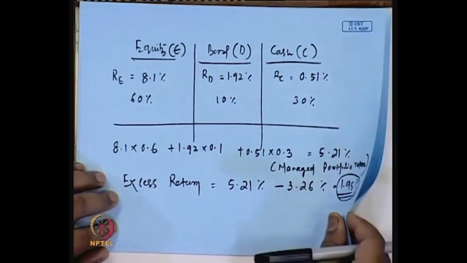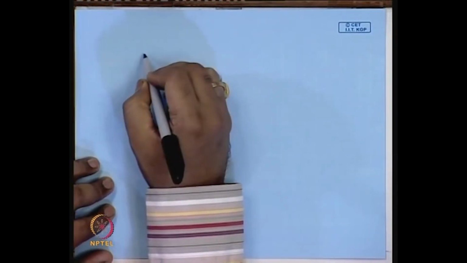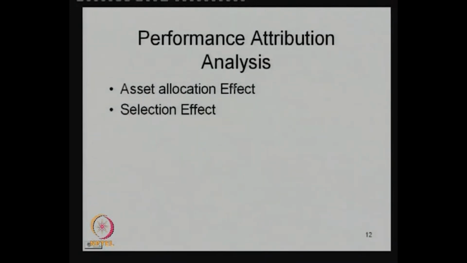The contributing factors of the performance, as I already told you, are two. One is your asset allocation effect, and the second one is the selection. Asset allocation is between the different markets, and selection is within a particular market.